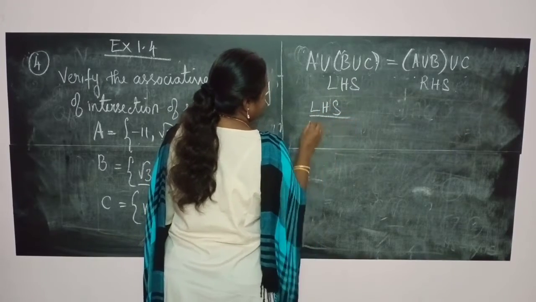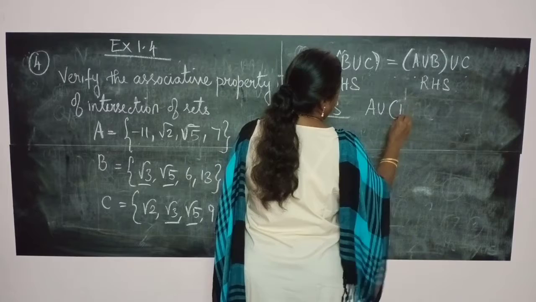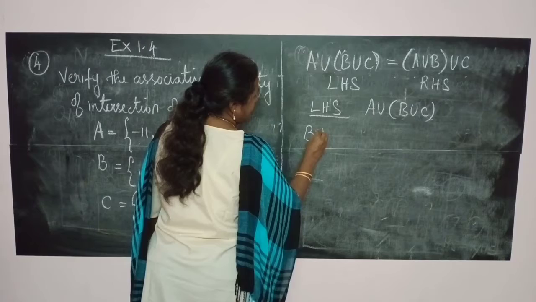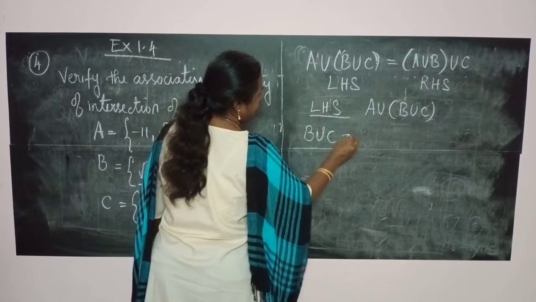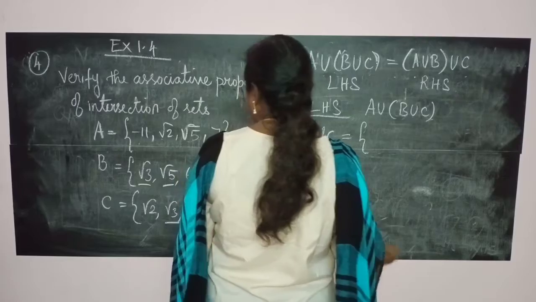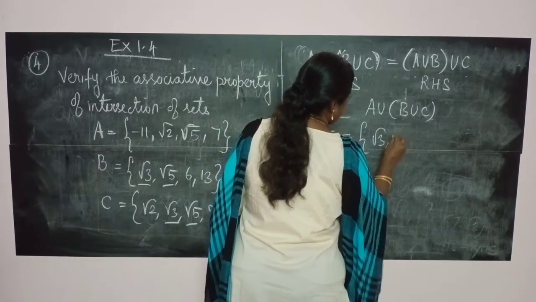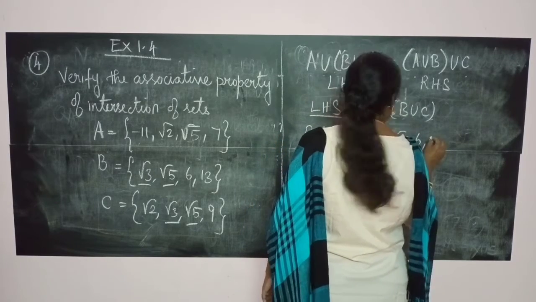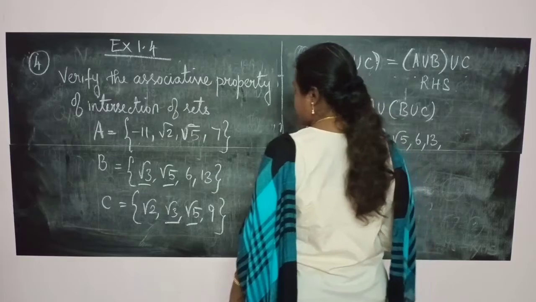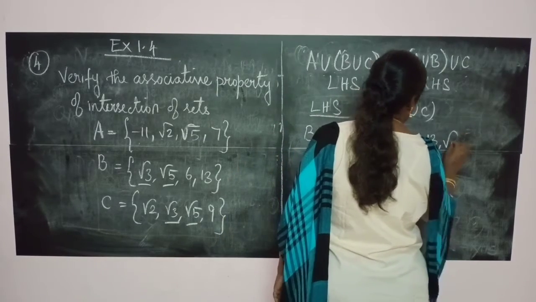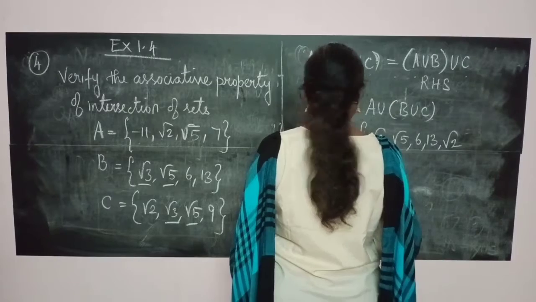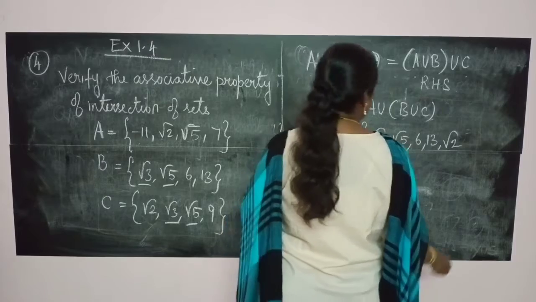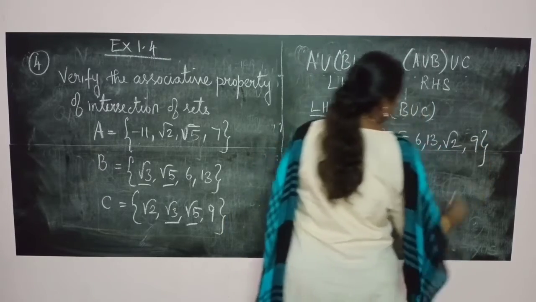Okay, LHS side it is A union within the bracket B union C. So the sets within the brackets, we are going to write first, combining B and C. So I am going to write all the elements in B first. 6, 13. Next I am coming to the set C. Root 2 is not there in B. Then root 3 we have already written. Root 5 also we have already written. 9 is not there, 9 I am going to write. Okay.